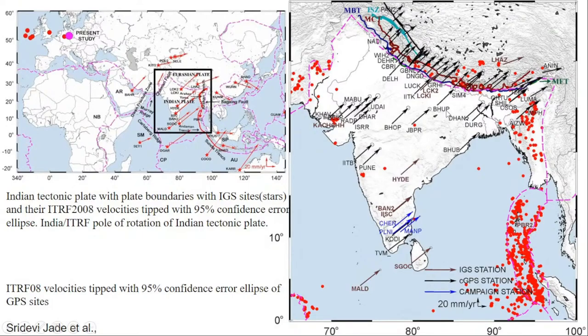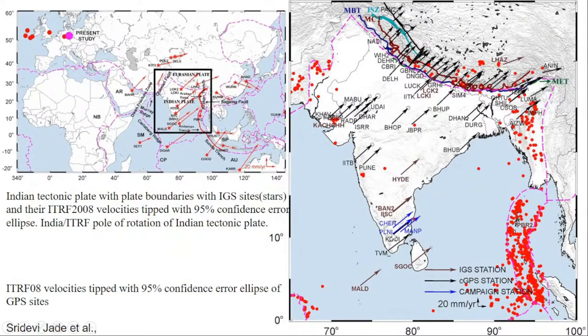Starting from south to north, you can see all the sites showing the northeast direction, of different magnitude. Here we get the maximum magnitude, around 55 millimeter per year.